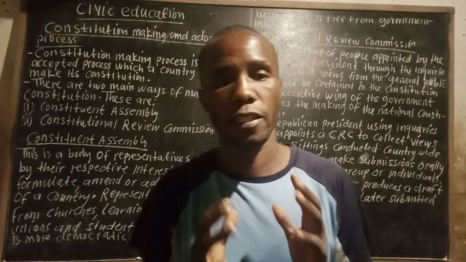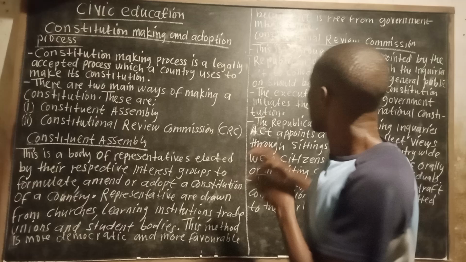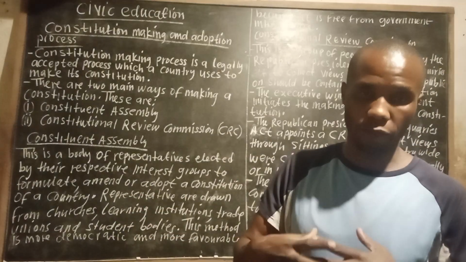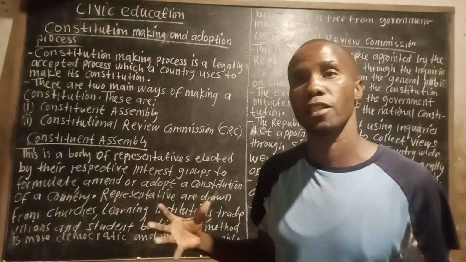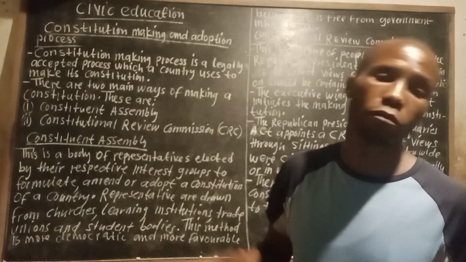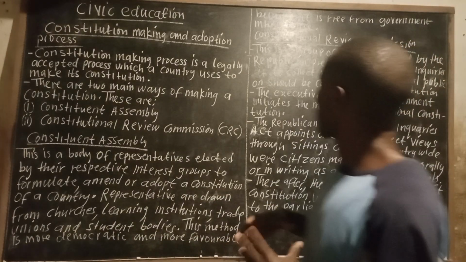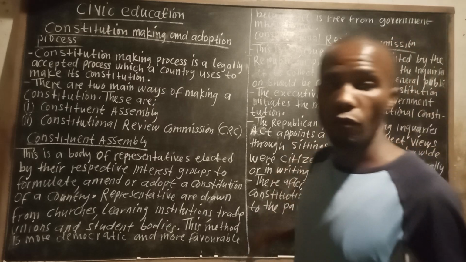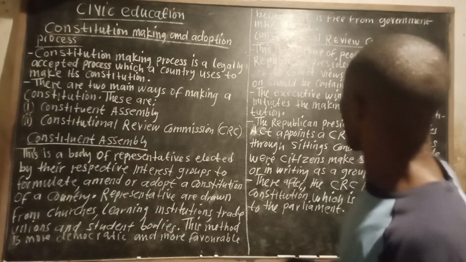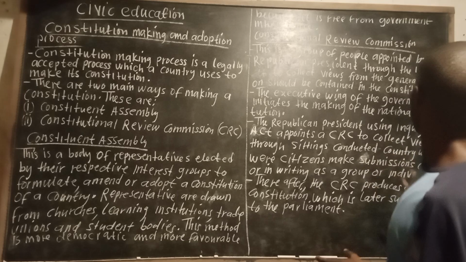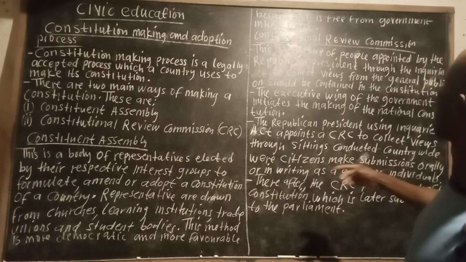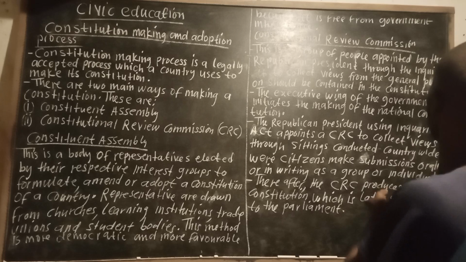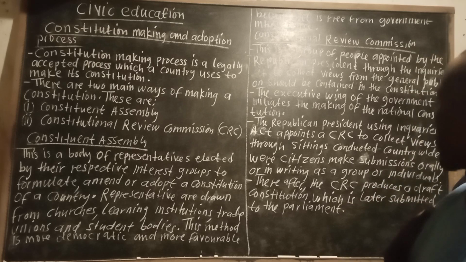When we say executive, we simply talk about the cabinet ministers, the permanent secretaries, the president himself, and the vice president. Those are the people who initiate the making of the constitution. Then the Republican president, using the Inquiries Act, appoints a CRC to collect views through sittings conducted countrywide.